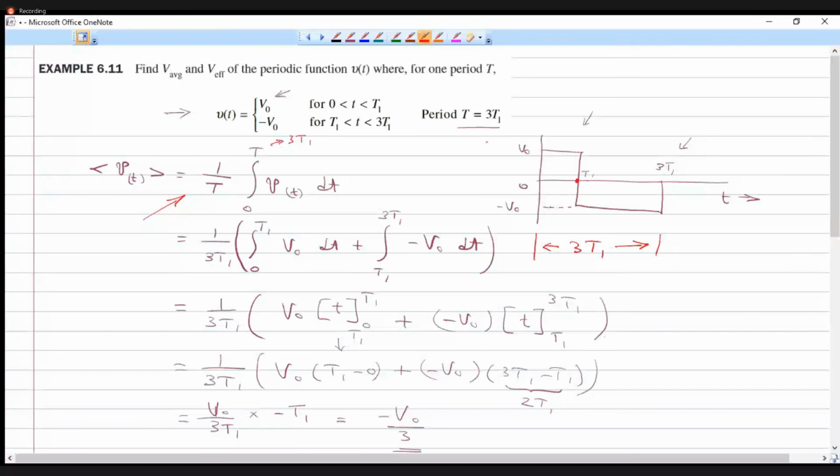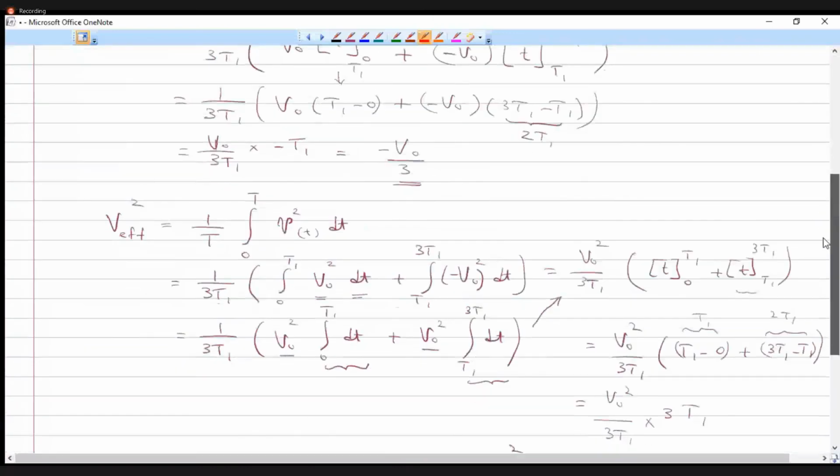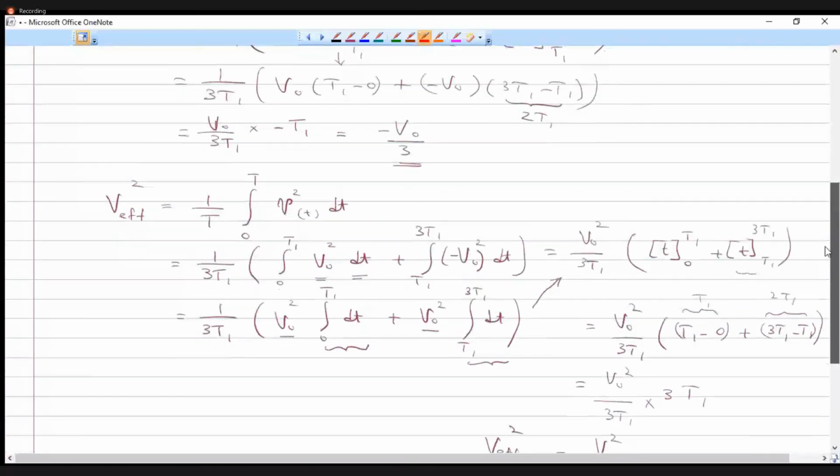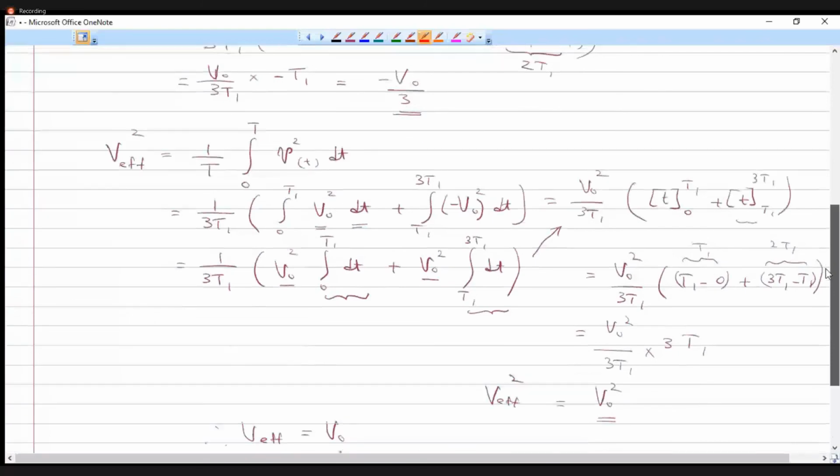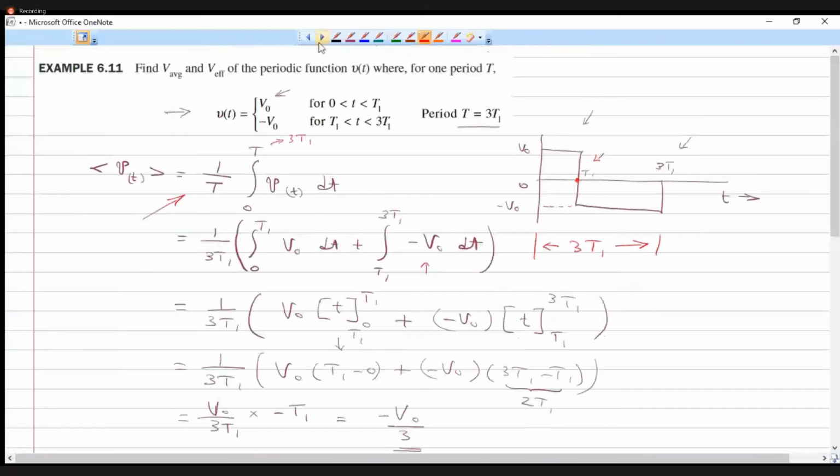That is split into two parts: from 0 to t1 the function has the value V naught, and for the remaining period, t1 to 3t1, it has a value equal to minus V naught. Then you can use mathematics to integrate it and find the value. Similarly, you can do it to find the effective value using this formula, and we have arrived at the results.